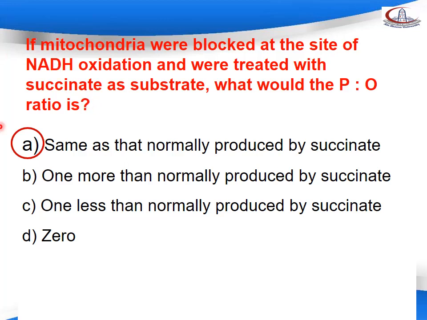Complex 1 is one step before and does not affect me. So it is the same. Starting from complex 2 produces 2 ATP, and whether complex 1 is acting or not, I still pass through complex 2, which produces 2 ATP. So it is the same amount of energy, and the P/O ratio will be the same.